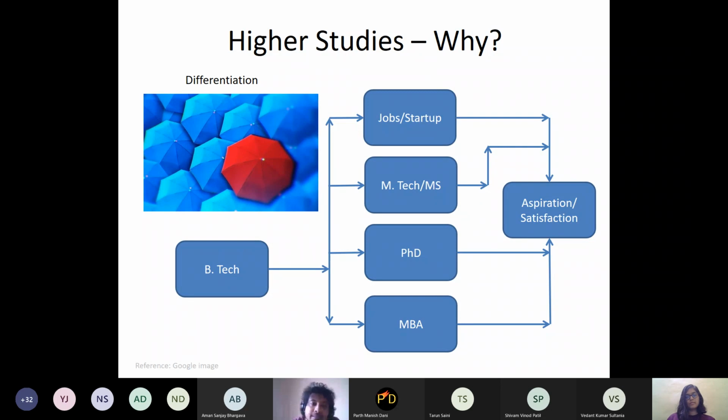Secondly, it enhances your problem solving capabilities. If we take the example of a PhD, it's like on-the-job training. After my masters, when I joined the job, I was given a project and I needed to resolve it. It's a live problem. Similarly, in a PhD, you are given a problem and you need to solve it.